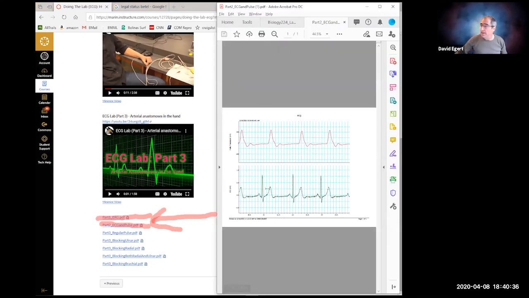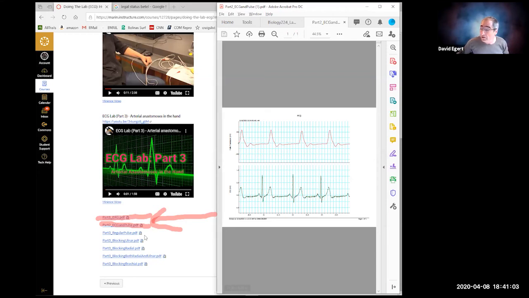Right, so you'll get this printout and then you can annotate and show how you can use this, the EKG on the bottom, the pulse transducer on the top, and how you can use this information to figure out the time it took for the pulse wave to reach the finger. And then we have the distance that it had to travel from watching Tina use the tape measure on her arm.